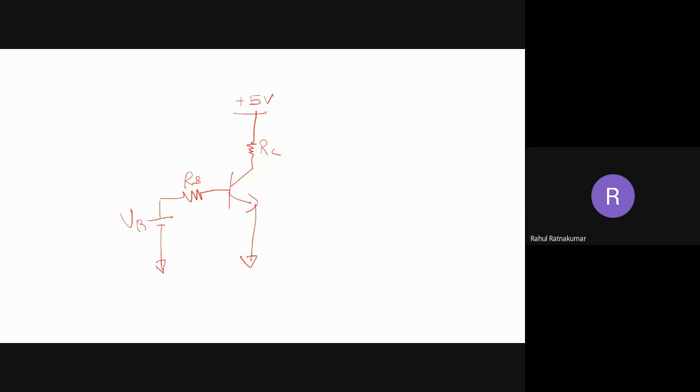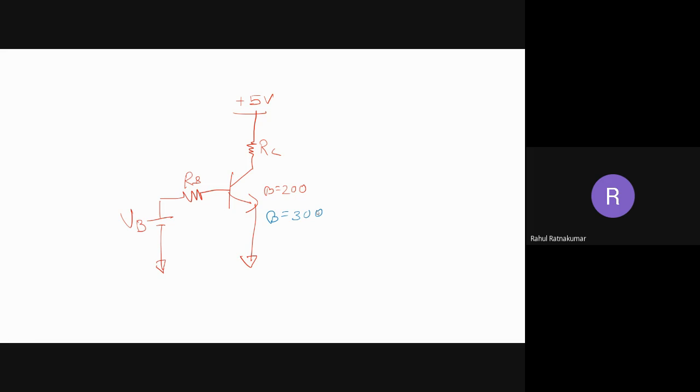This is VB. Right now the beta you can say is any value, 200 or something. So we have some IB based on the VB. So here in this circuit, what happens if my beta is changing? Because of temperature or something, beta is changing to 300 or 250 or something, whatever.